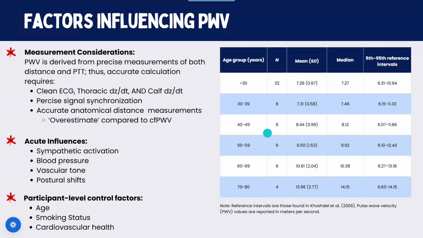So we will need to control for age, and there are also, as you can see here, the normed intervals of what we would expect in certain age ranges. But again, this can also be affected by the person's overall cardiovascular health and other individual variables like smoking status as well.